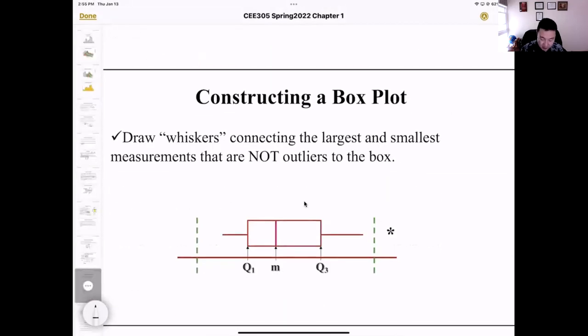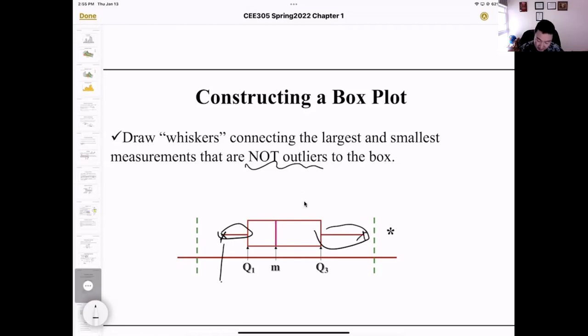Then we draw the whiskers, which are the lines here and here. The whiskers connect the largest and the smallest measurements that are not outliers. This value is the smallest measurement which is not qualified as an outlier, within the fence.